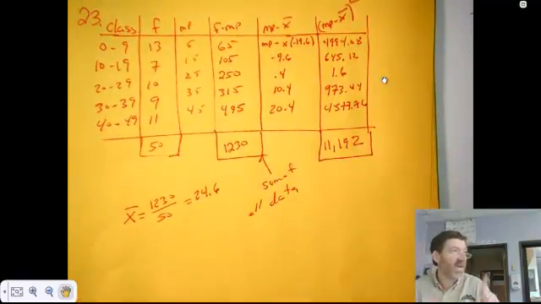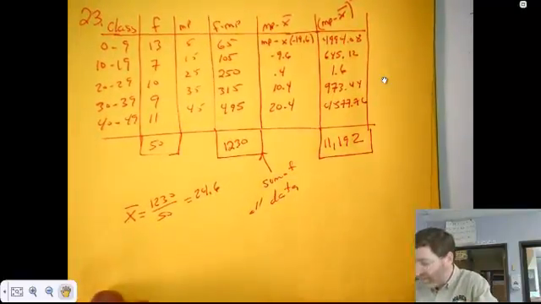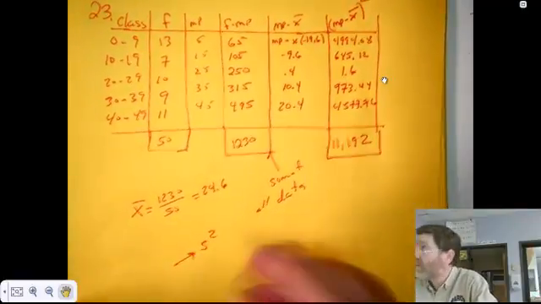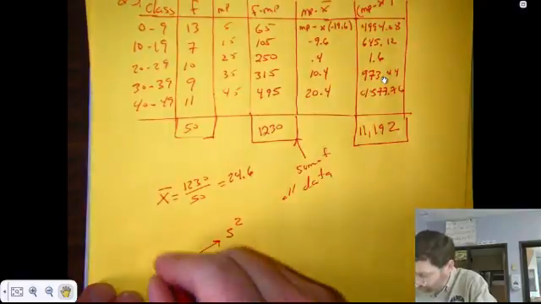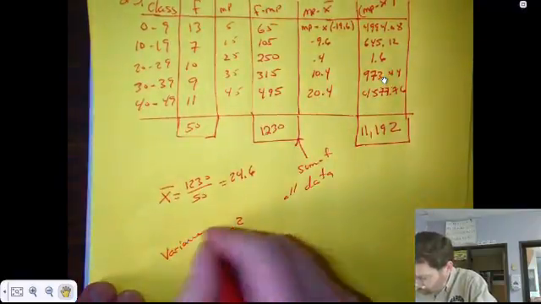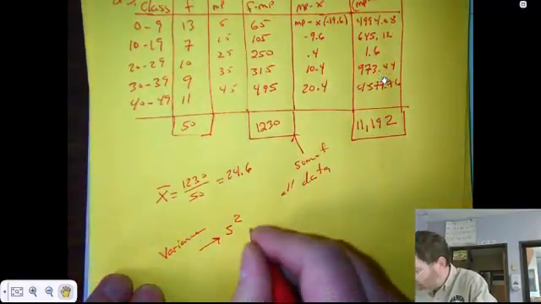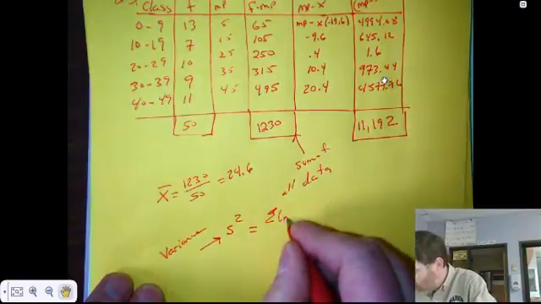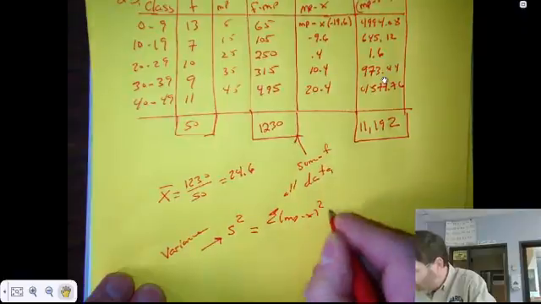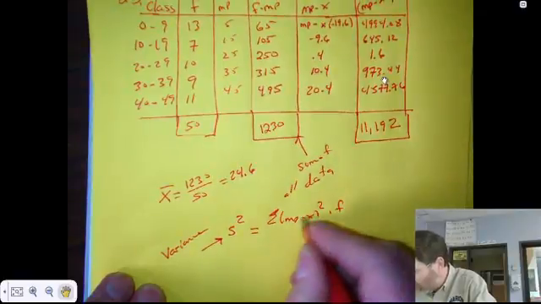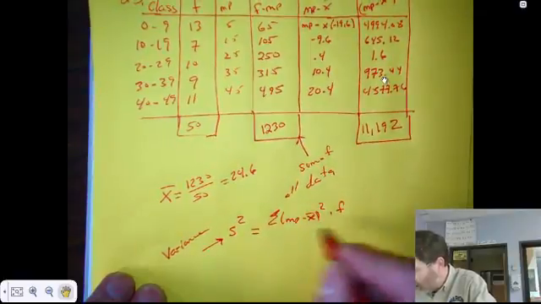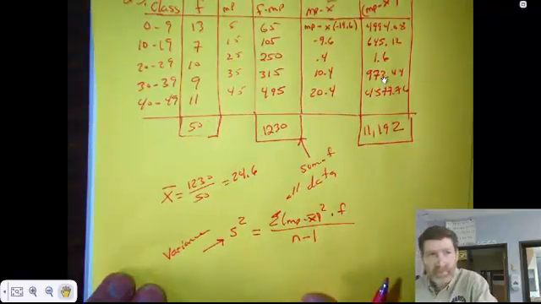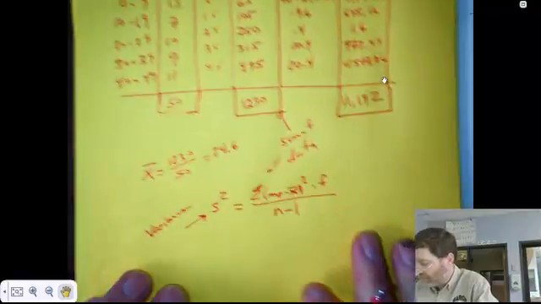Now, this is a sample, so the sample S squared is the variance. Our formula was the summation of the frequency times the midpoint minus the mean squared, divided by n minus 1 because it's sample data.